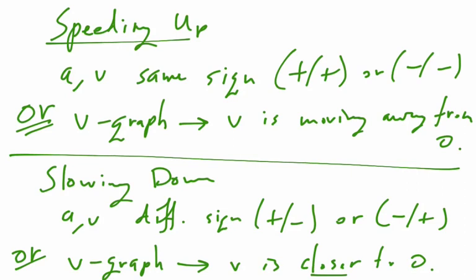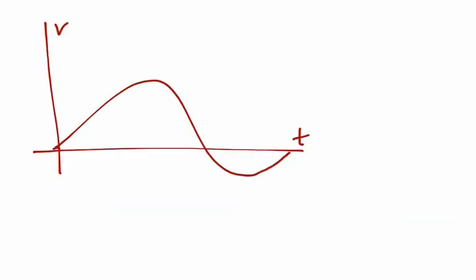Let's look at a graph of a velocity curve and see how all these things come together. All right, here's my velocity graph. I'm going to label some t values, that's my independent variable. So we have a, we have b, which will be at the top of this, we have c, we have d, and we have e. All right, let's first say, when is the particle moving to the right or to the left?